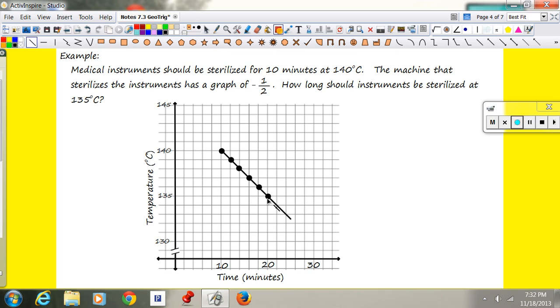And you could see that 135 degrees would be at 20 minutes. That's got a slope of down 1 over 2. Now, this looks like down 1 over 1, but my scale on the bottom here is 2, 4, 6, 8, 10. So really I'm going down 1 and over 2. Down 1 degree over 2 minutes. So that would be the slope there, down 1 over 2.